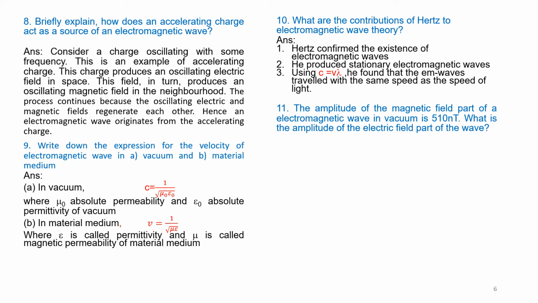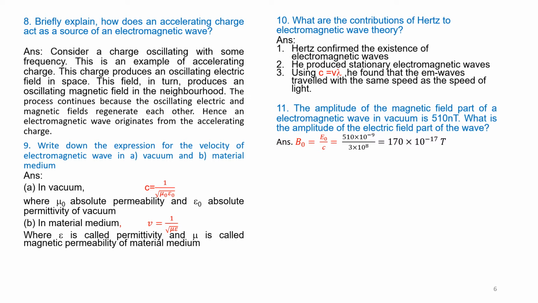Question number 11. The amplitude of the magnetic field part of an electromagnetic wave in vacuum is 500 nanotesla. What is the amplitude of the electric field part of the wave? Answer. We know B naught equals E naught by c.